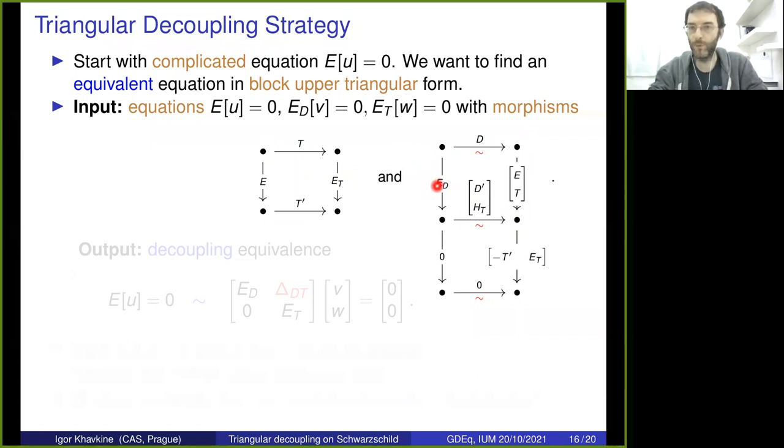And I would like this equation, all right, you can see I've extended it by 0 for convenience, to be equivalent to the original complicated equation extended by setting the degrees of freedom that appear in this morphism to 0.